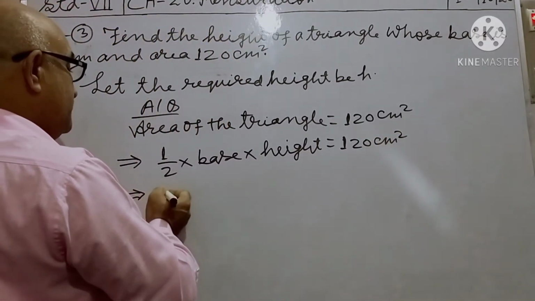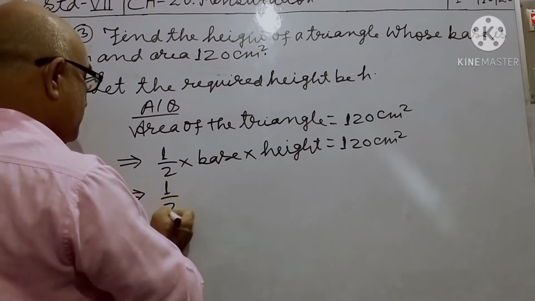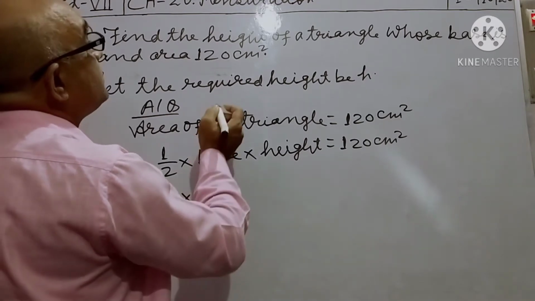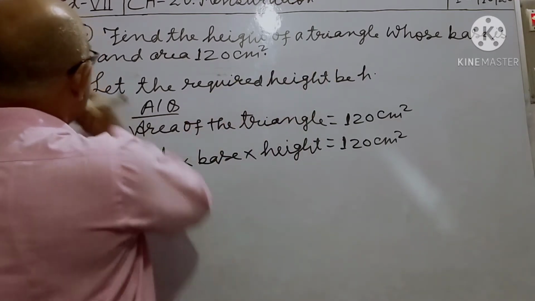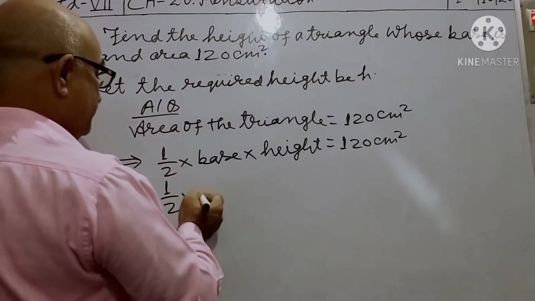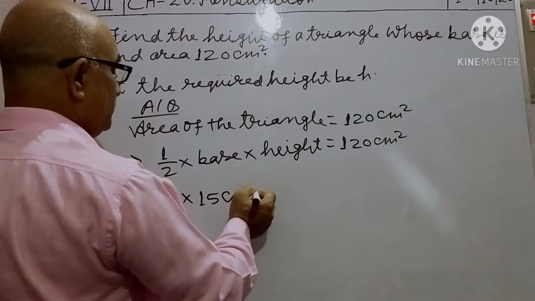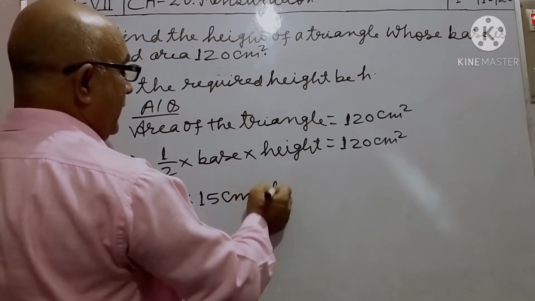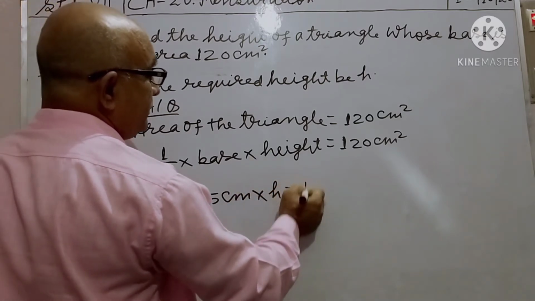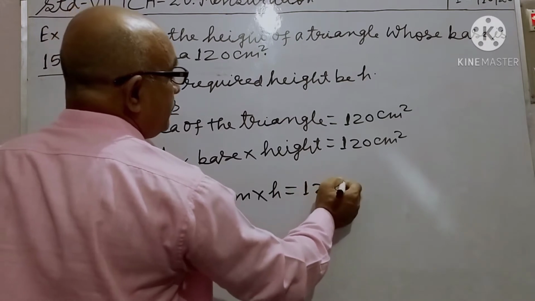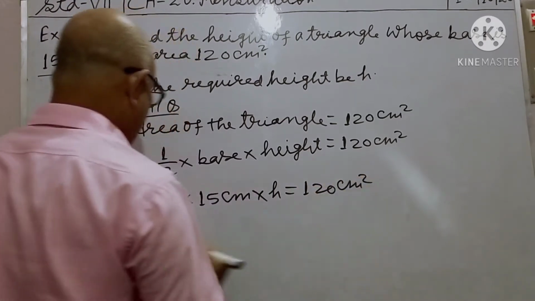Next step is 1 by 2 into base is 15 cm into height. We have to find height. So 120 cm square.